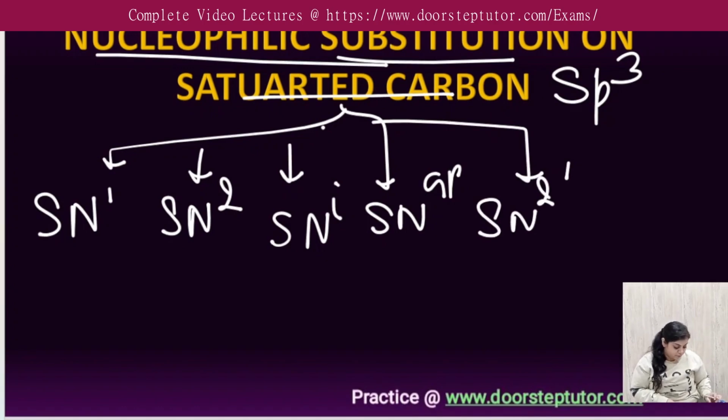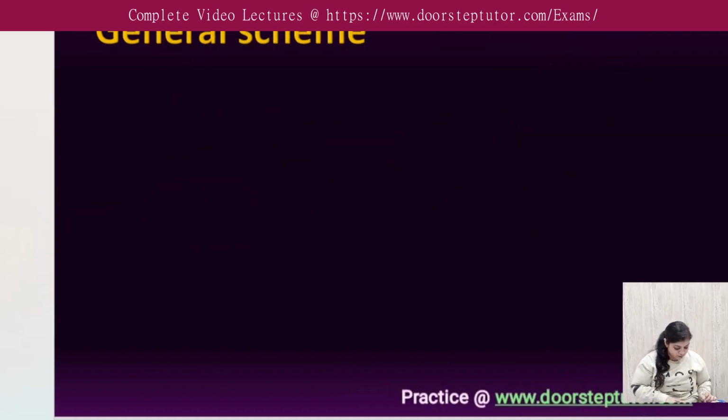Okay, so all of this we have to see. For the while we are going to focus on our SN2 reactions. Before starting this, let us see a general scheme about the reaction that occurs at any carbon center.